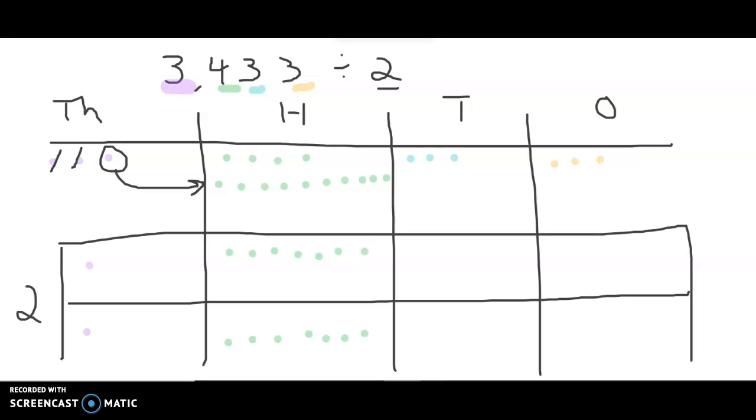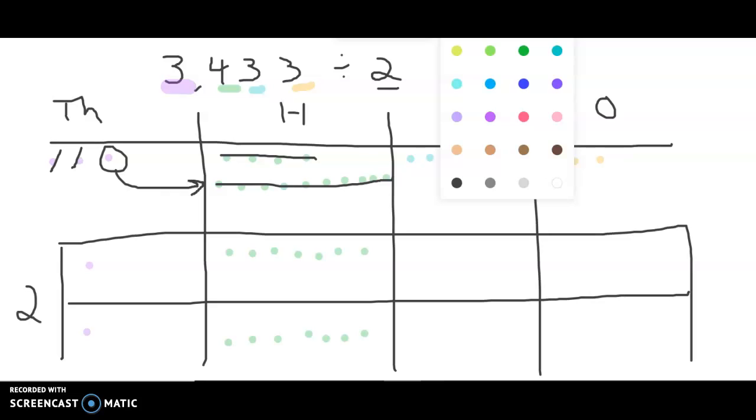So I have 14 hundreds. I used all of them. So I'm done with my hundreds and I have nothing to regroup to the tens because I used all of my hundreds. So now I'm going to move over to my tens and I'm going to split those up into my 2 rows.